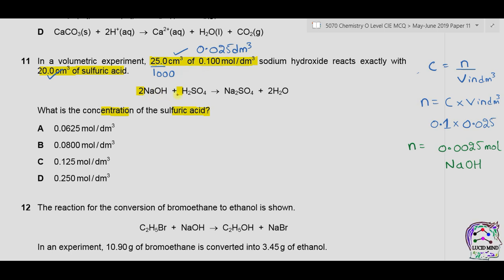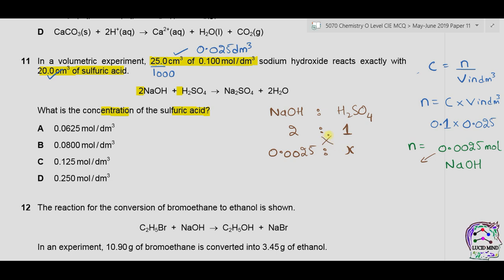Now according to the balanced chemical equation, we have sodium hydroxide and sulfuric acid. 2 moles of sodium hydroxide react completely with 1 mole of sulfuric acid. Now we have this many moles of sodium hydroxide, so therefore it will react with X moles of sulfuric acid.